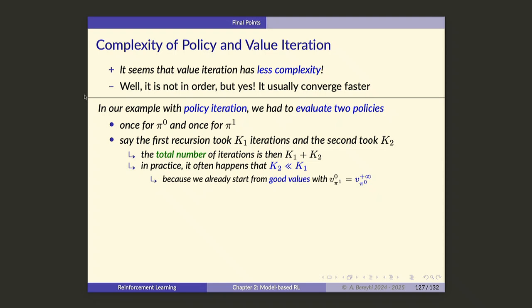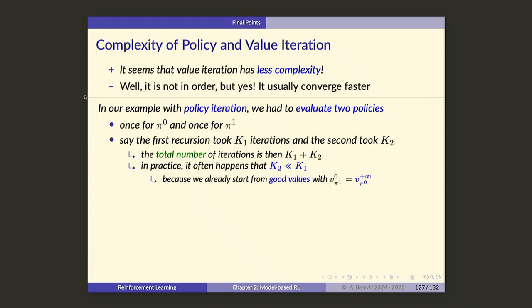This is the first recursive approach. And say k2 is the number we took to evaluate the second policy, meaning pi 1. Now, k1 plus k2 is the total number of iterations you have done in the whole policy iteration algorithm. k1 for the first one, k2 for the second one.